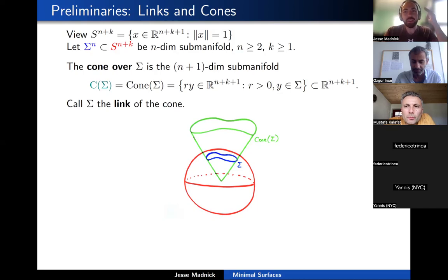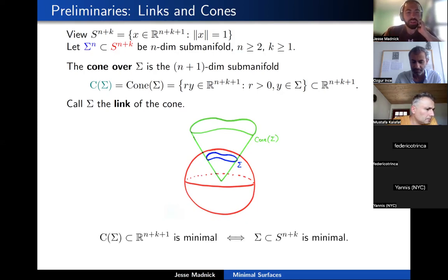In a sense, we view the link sigma and the cone as going back and forth. Sometimes we focus on the cone and other times we focus on the link. The point here is a standard computation: the cone is minimal if and only if the link is minimal.